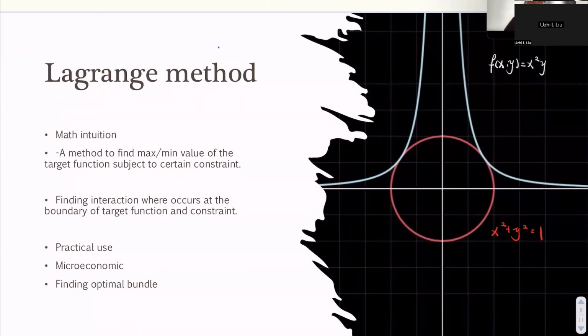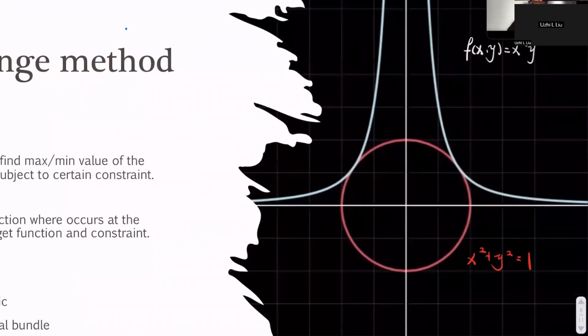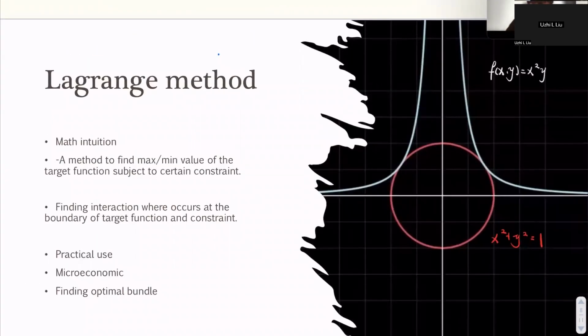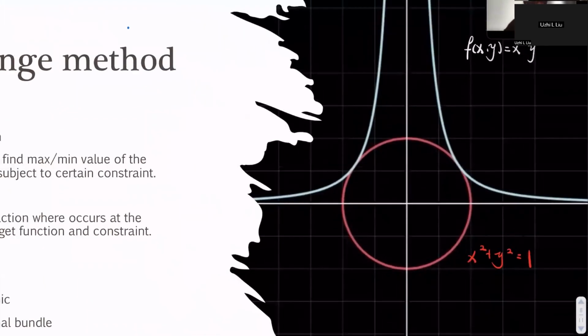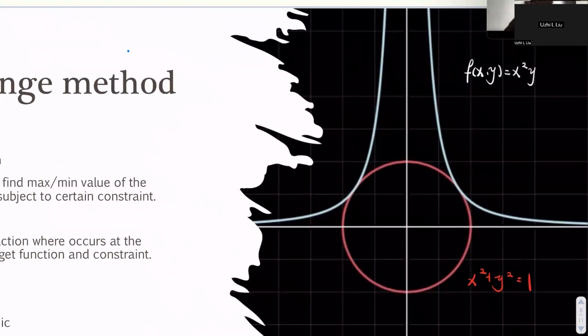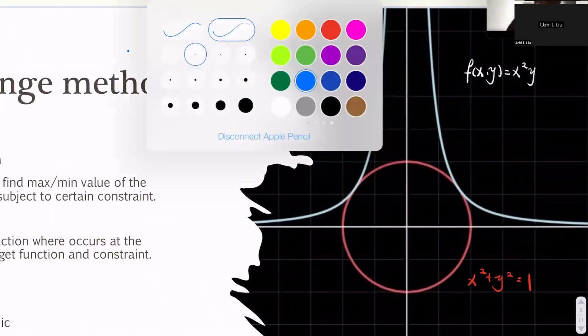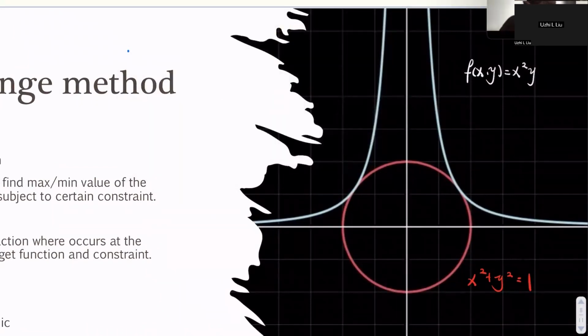As we talked about previously, the Lagrange method is always used to solve functions with certain constraints. For example, we take a look at this graph here. Here we have f of x, y equals x squared times 1. That is the function that we're trying to maximize. Let me just write it.